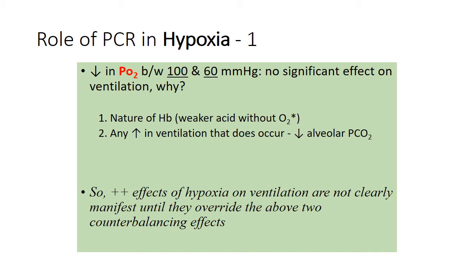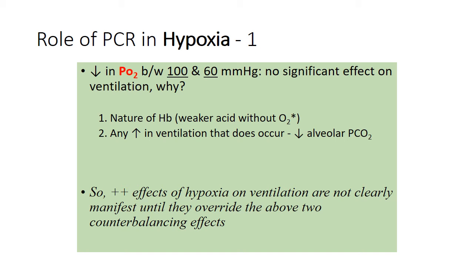deoxygenated hemoglobin is a weaker acid than oxygenated hemoglobin. In other words, when you have hypoxia, you have less oxygen content of the blood, so more hemoglobin is without oxygen than under a normal situation, right? And you have just learned the nature of hemoglobin is that it is a weaker acid without oxygen.